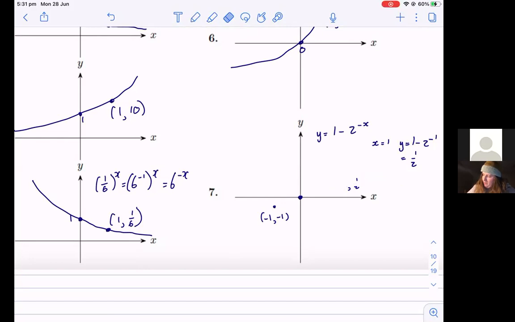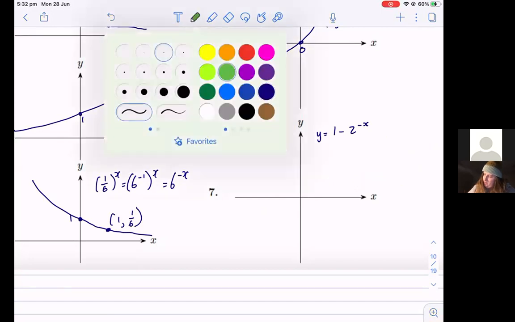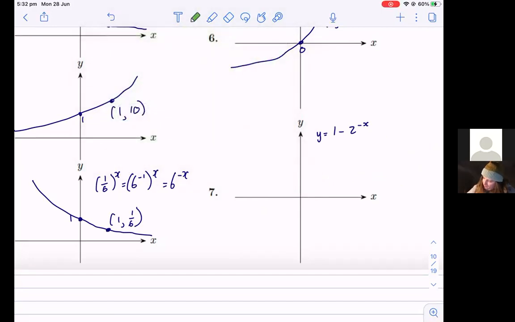If I want to figure this out by transformations, I think that's a better way. Can I get another color? Okay. 2 to the x is going to look like that. 2 to the minus x is going to look like that.